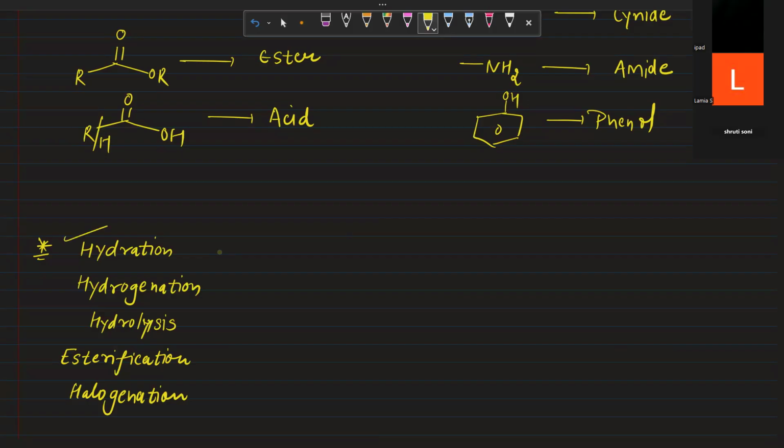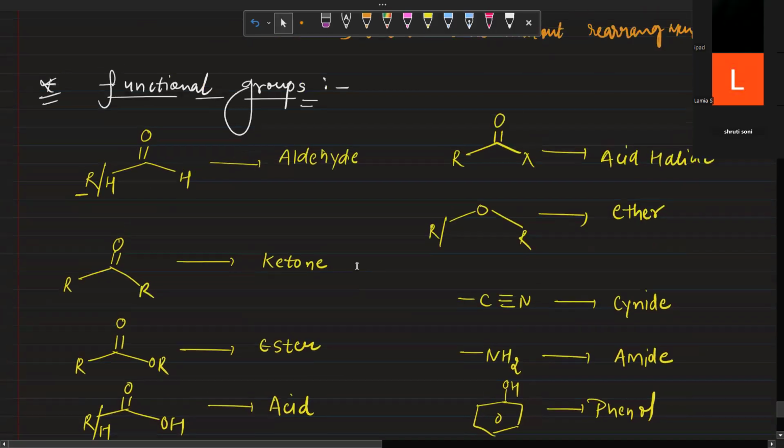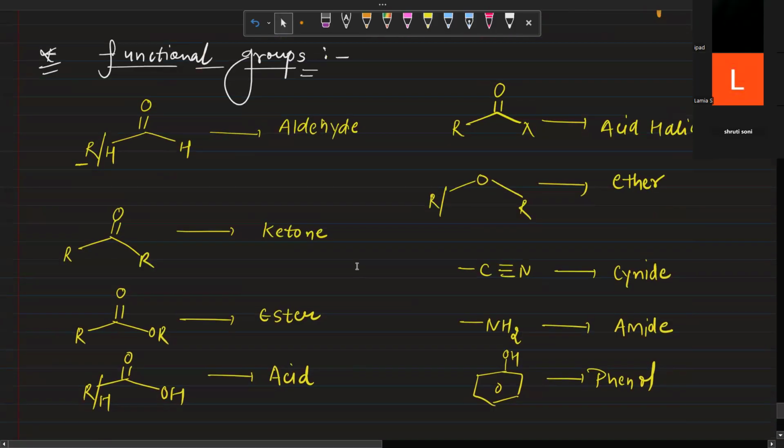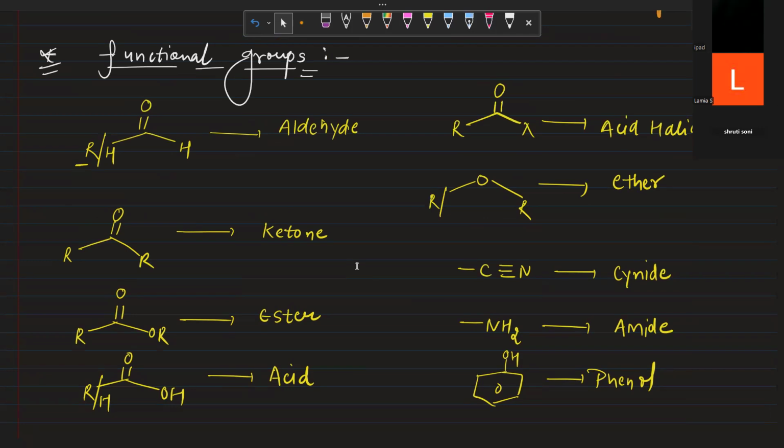These are some terms which you need to search about, and the functional groups you need to memorize. In tomorrow's class, I'll give you some organic compounds via IUPAC name, and you need to identify whether there is acid halide, ketone, aldehyde, ester, anything.